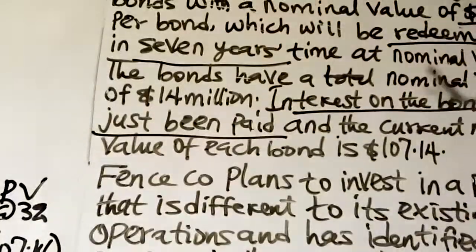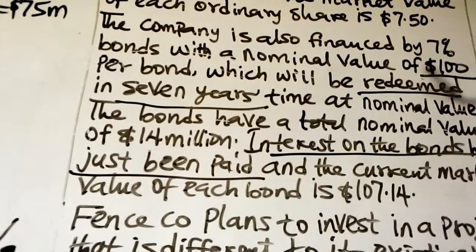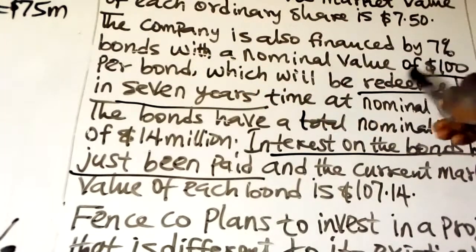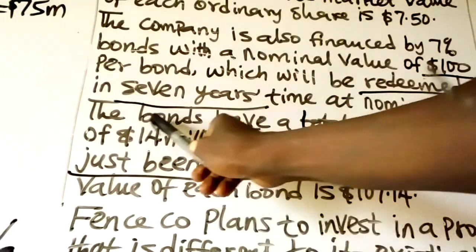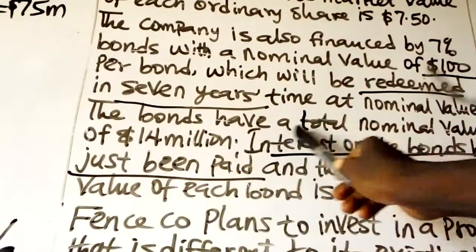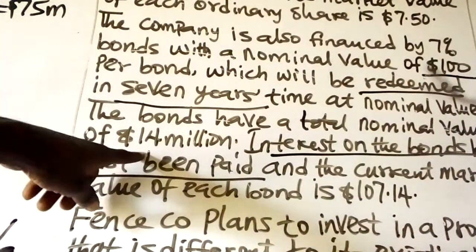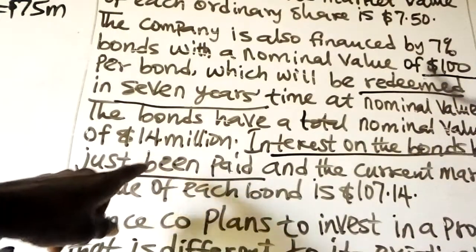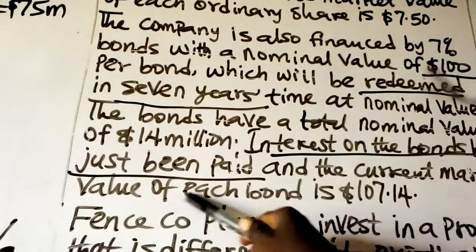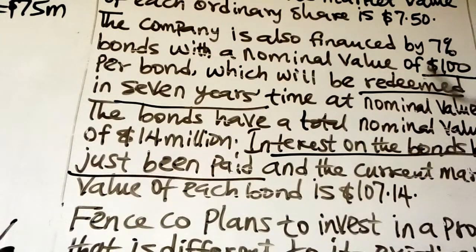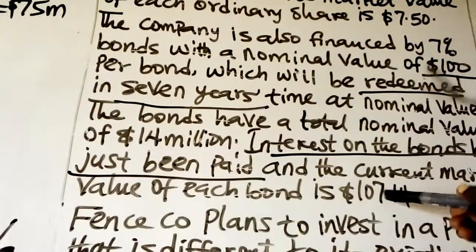So go back to the question. The company is also financed by 7% bonds with a nominal value of $100 per bond, which will be redeemed in 7 years' time at nominal value. The bonds have a total nominal value of 40 million. Interest on the bonds has just been paid, and the current market value of each bond is 107.14.